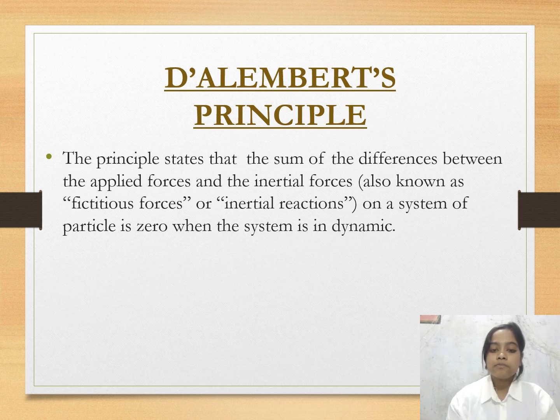So basically, when a body is kept in a state, the applied force, for example F, and the inertial force, that is minus ma, on a system of particles is actually zero.